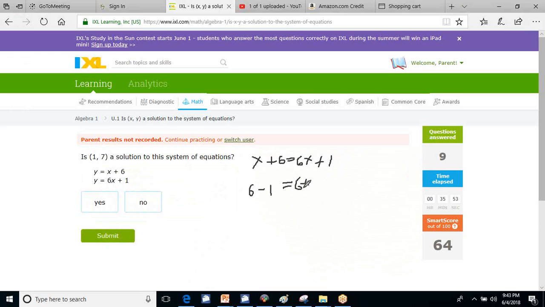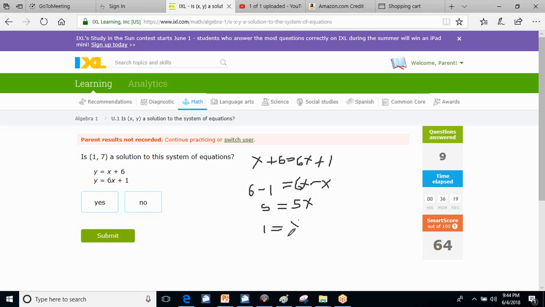Take the x from over here to the other side, it's going to be minus x. So this 6 minus 1 is 5. And 6x minus x is 5x. So x is equal to 1 then, or 1 is equal to x, right?